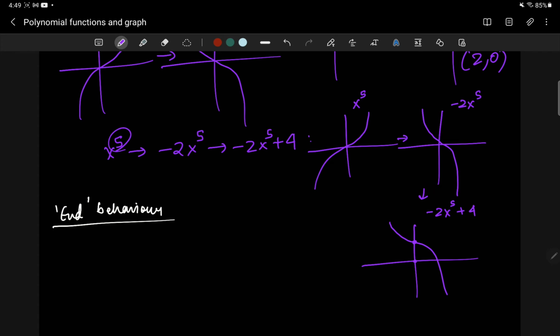So this means that now we basically have the ability to draw any of these polynomials based on two pieces of information: based on how they behave according to odd or evenness of the exponent, and also according to graph transformations that we have learned so far.